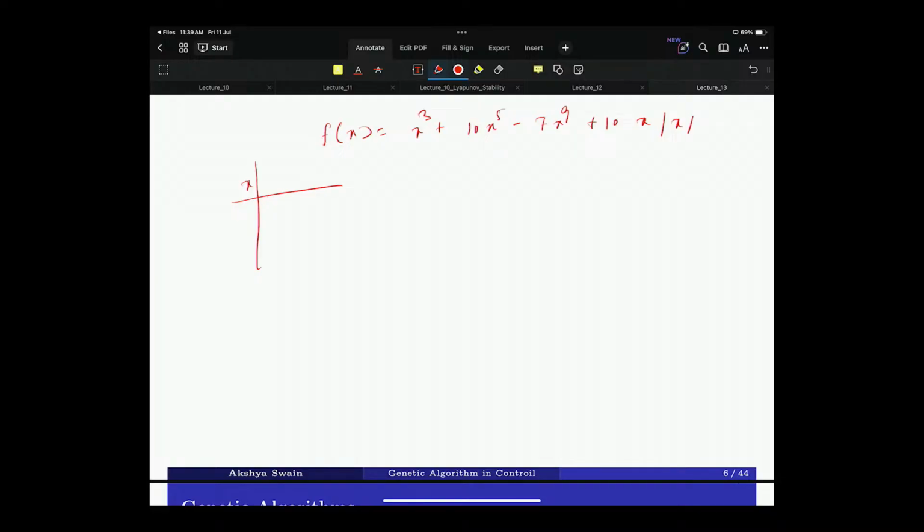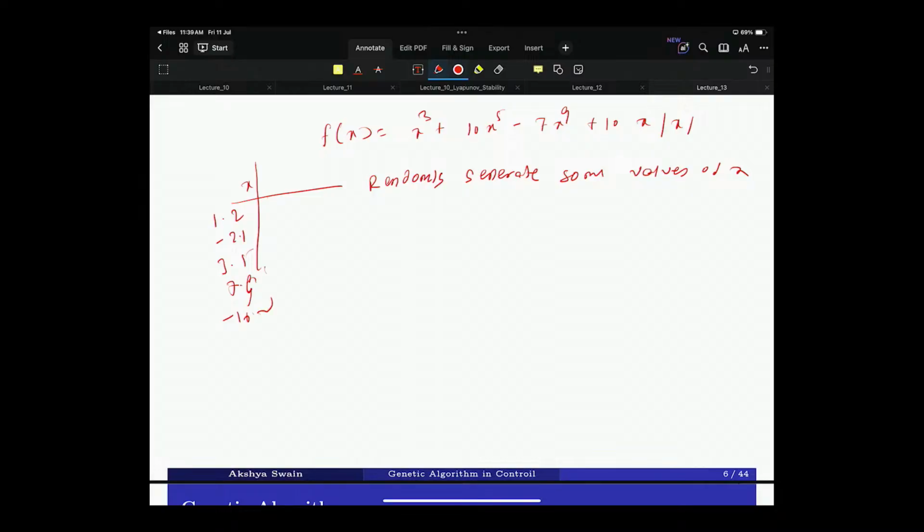Randomly generate some values of x. Say for example, x is equal to 1.2, minus 2.1, 3.5, 7.9, minus 10.2, like this, okay?